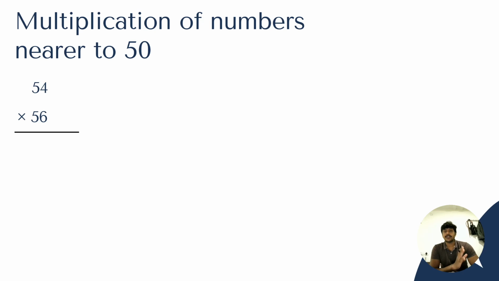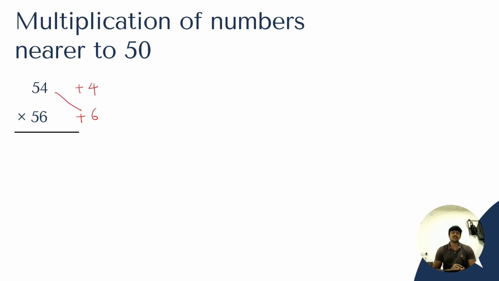Now, the technique for 50 is similar to the technique for 100. The only difference here is when we are taking the first part, we are going to halve it. For example, see this one. This number is 4 more than 50 and this number is 6 more than 50. Now, anyway, we are going to take the cross sum or cross difference.